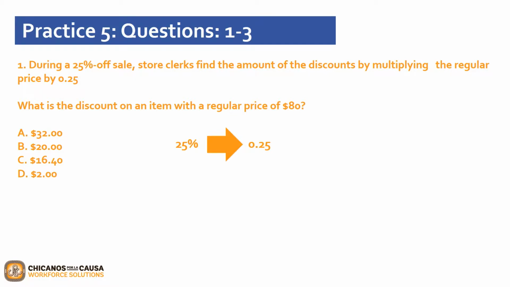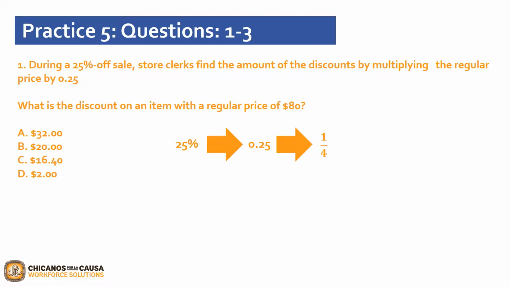So to make it easier, we're going to want to then now turn this decimal into its fraction equivalent. So we know from our previous lesson that the fraction equivalent of 0.25 is 1/4. Now, it's asking us to find the "of" something, the regular price of $80 with a discount, which means that this is a multiplication problem.